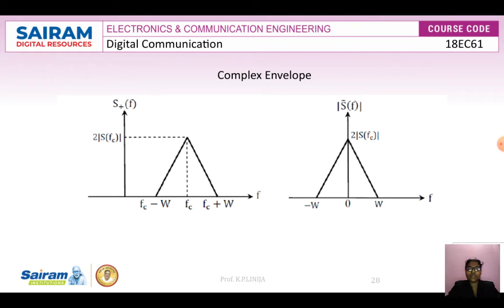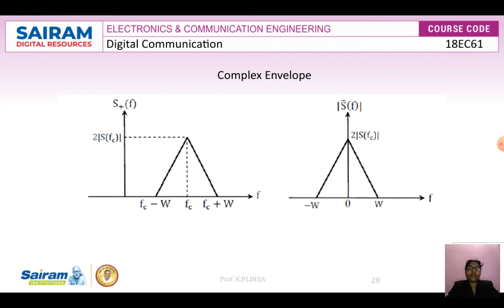This is for the positive pre-envelope and this is for the negative pre-envelope. Here this is the positive pre-envelope, and this is the magnitude spectrum for the complex envelope. It is clearly shown that for S plus of f, we have the center frequency plus Fc, with Fc plus W and Fc minus W, and the negative side is 0.